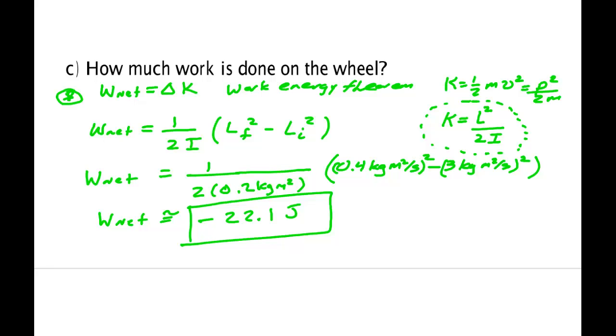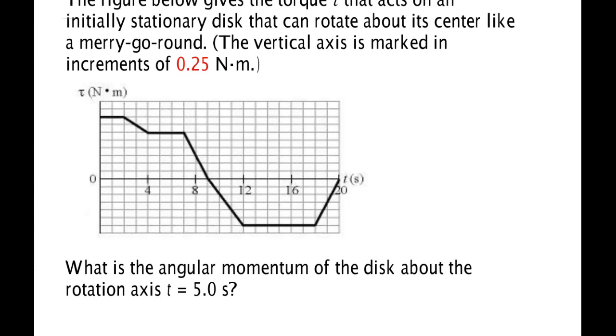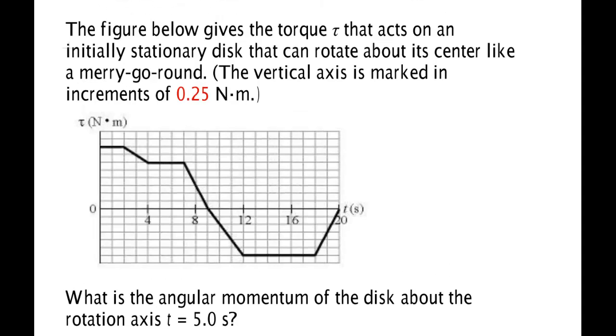Here's another problem. We have one of these things where I said you could find the area under the curve. It says the figure below gives the torque that acts on an initially stationary disk that can rotate about its center like a merry-go-round. The vertical axis is marked in increments of 0.25 Newton meters. What's the angular momentum of the disk after 5 seconds?